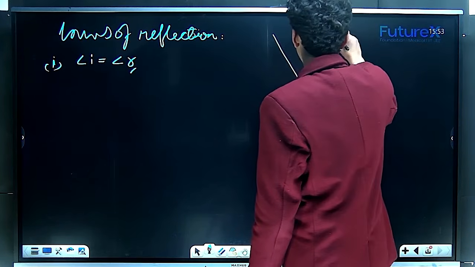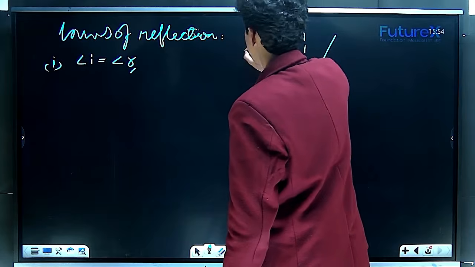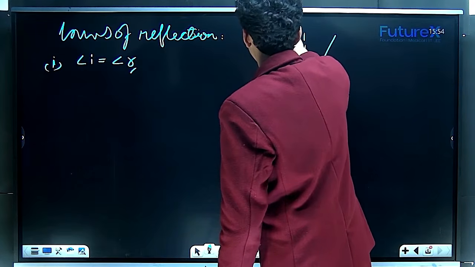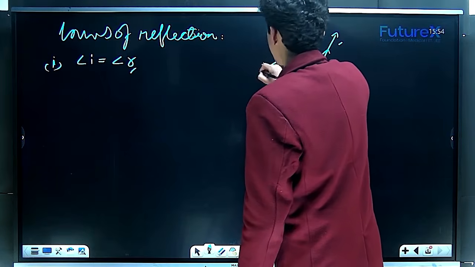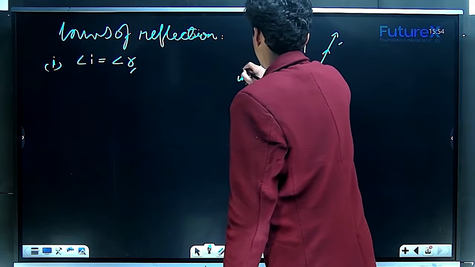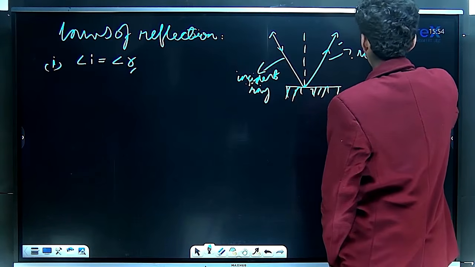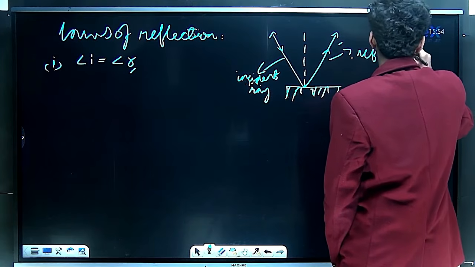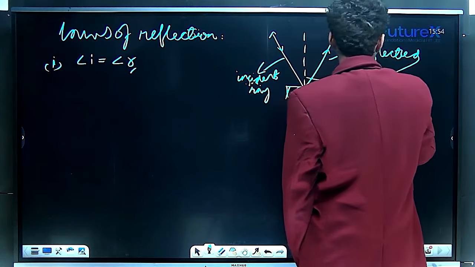This is the incident ray, this is the reflected ray, and this is the normal.